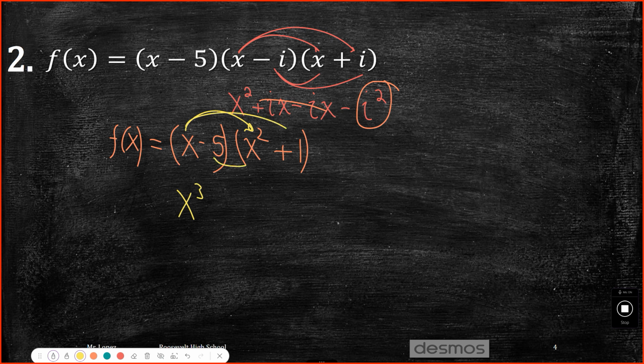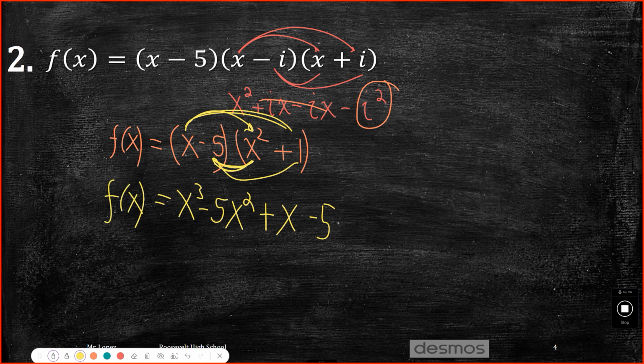I'm going to do this one first. Again, minus 5x squared. Then that's going to be plus x. Then minus 5. Third degree polynomial. One real solution, two imaginary solutions.